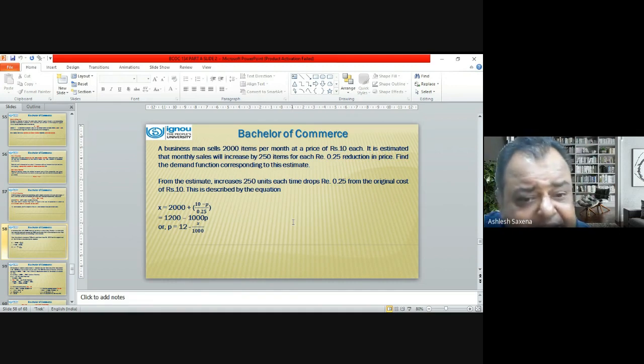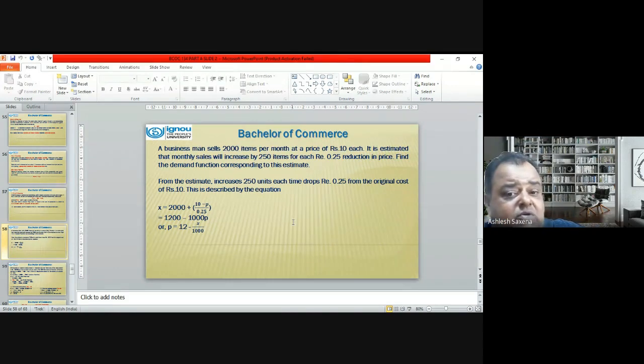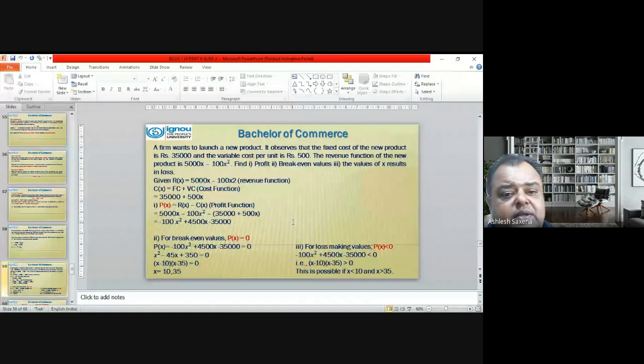On calculating it, we will get 12000 minus 1000P. And we have to calculate the demand function corresponding to this estimate. So we have to calculate the price. Price is equal to 12 minus x upon 1000.